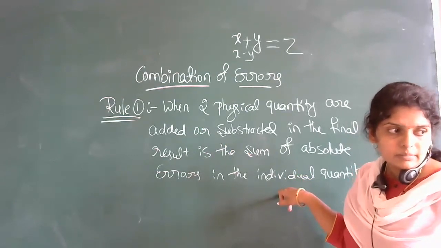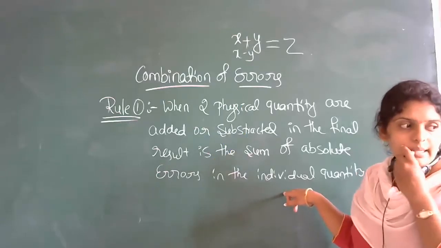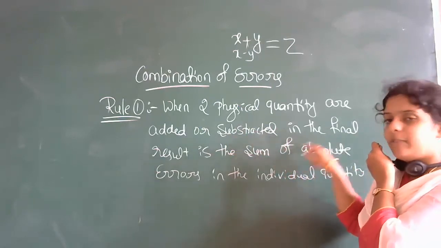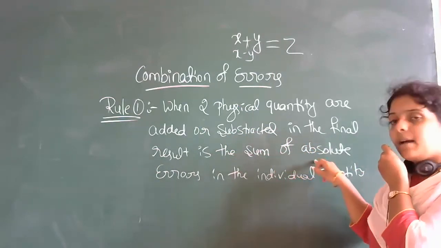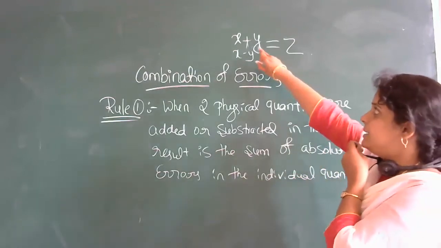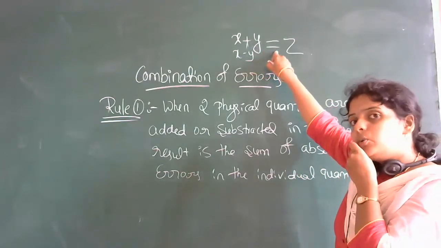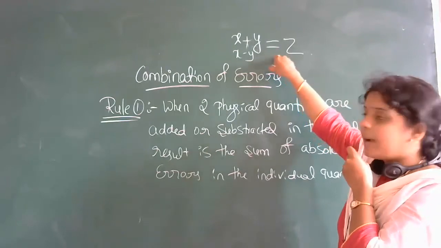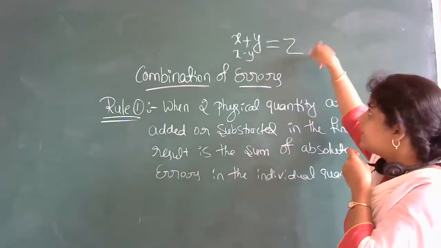So they are added or subtracted. What I can write here: x and y are two physical quantities. When they are added or subtracted, the final result I'll represent as z.